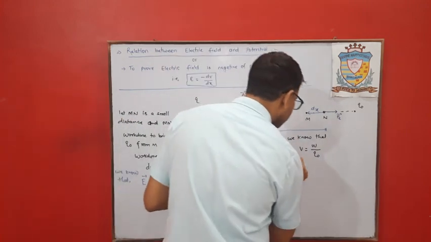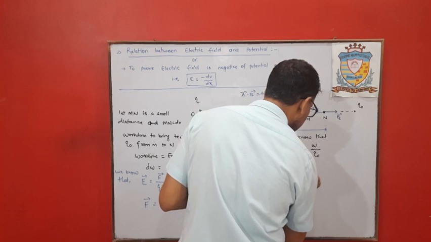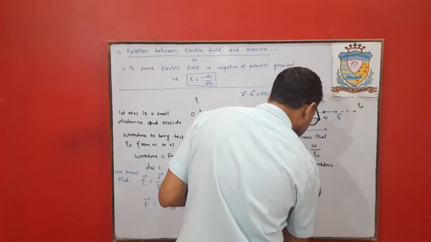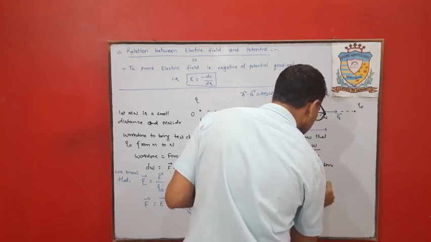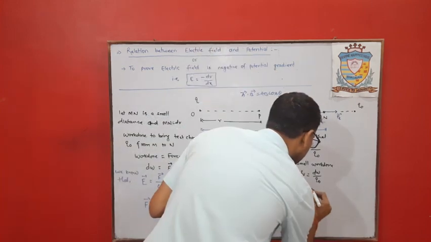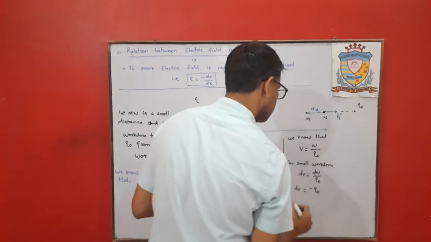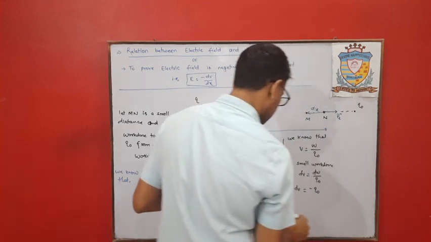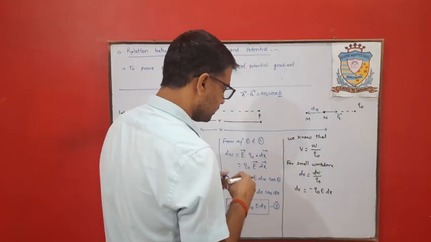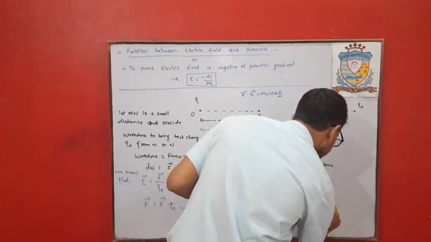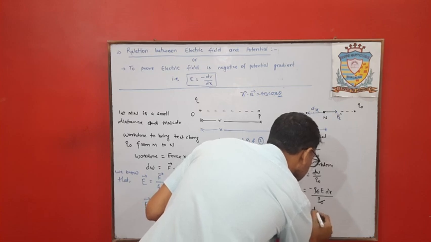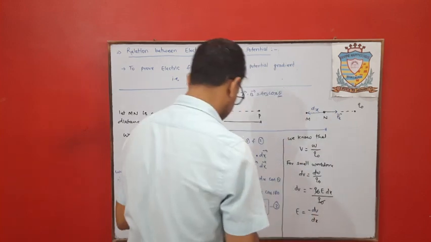So for small work done, dV is equal to dW upon Q naught. So dV is equal to minus Q naught E dx upon Q naught. Here these two will cancel out, or E is equal to minus dV by dx.